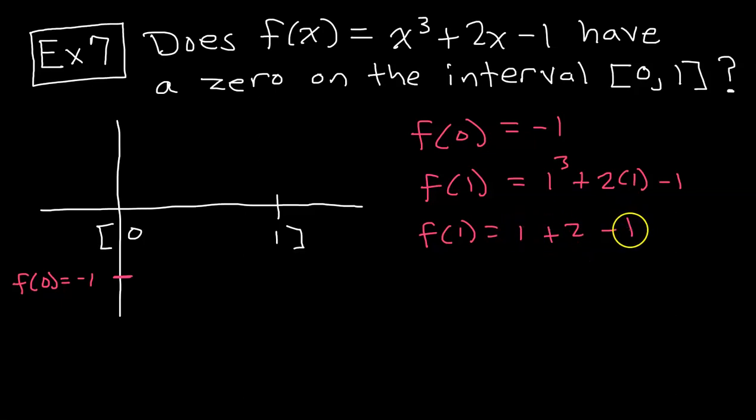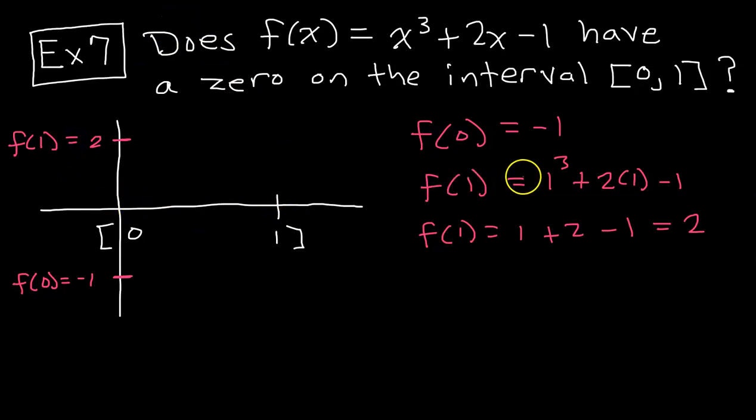We see the 1 and the negative 1 cancel each other out, so that's just going to equal 2. All right, so I'm just going to mark that up here, by the way. So we're seeing that the value of the function at 1 is equal to 2.